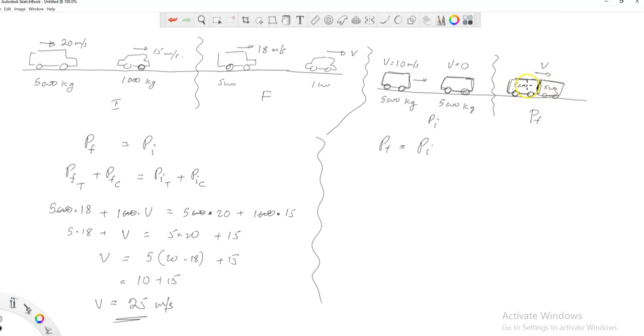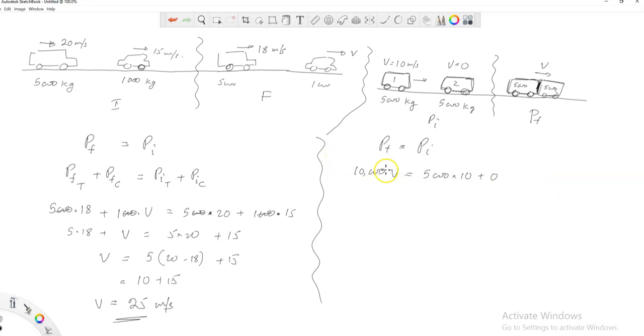As a single unit, you can add them together because they both have the same velocity. You can just add them together. 10,000 kilograms with the velocity of v, that's the final momentum, equals initial. This is cart number 1, cart number 2. Cart number 1 has 5,000 times 10 plus cart number 2 5,000 times 0, which is 0.